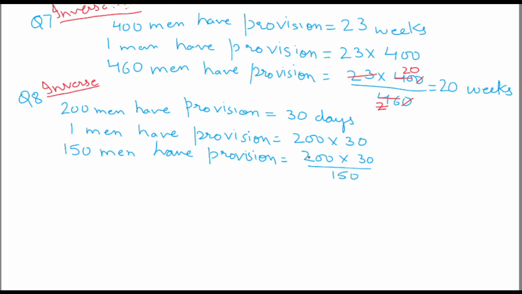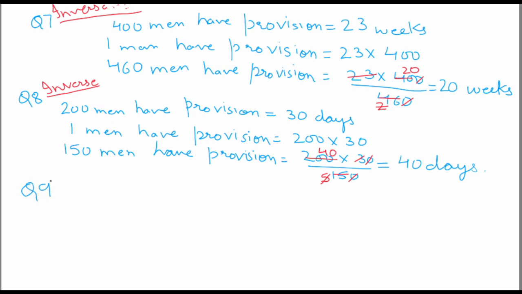Let's see. 0 cut with the 0, 3 fives are 15, 4 and 0. So the provision will last more days, 10 more days, that is 40 days, if 50 people are leaving.